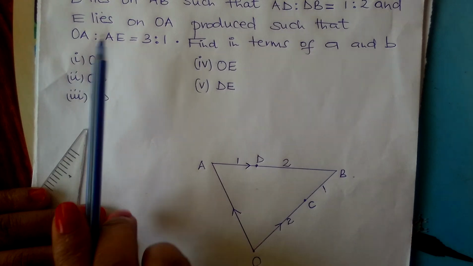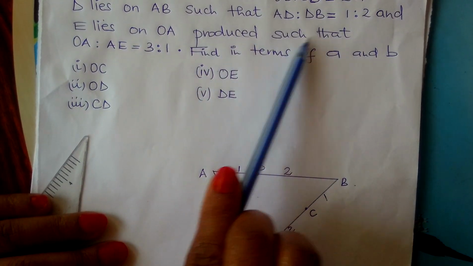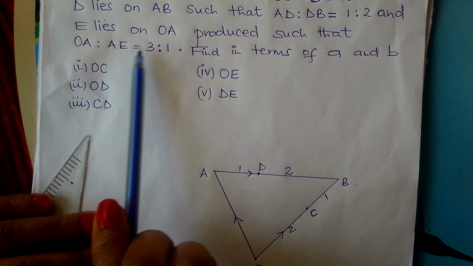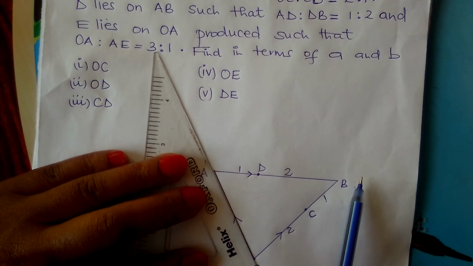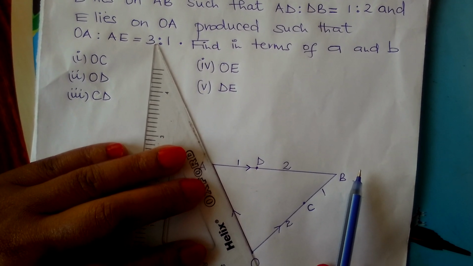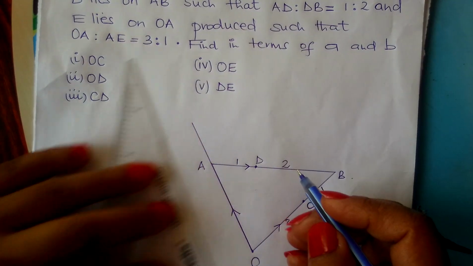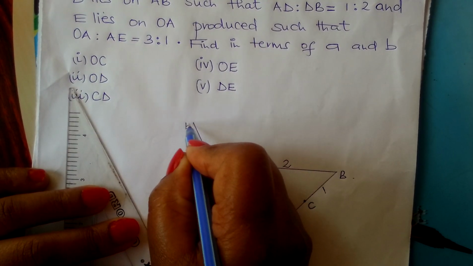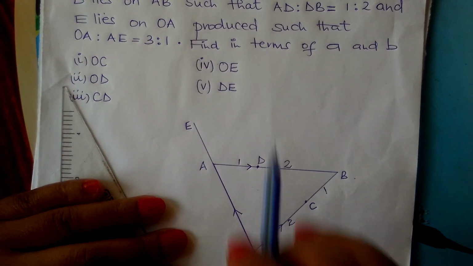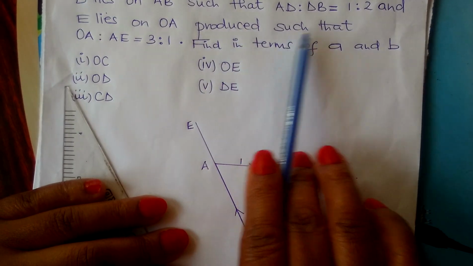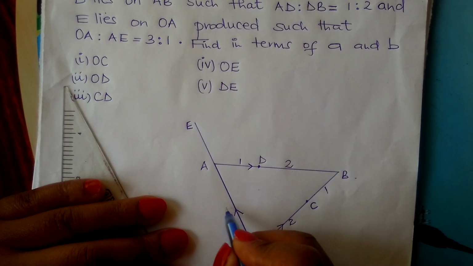Then you are told that E lies on OA produced such that OA is to AE is 3:1. E lies on OA produced. Produce this vector, lengthen it like that, learner. Call this E. Point E there. Such that OA is to AE is 3:1.